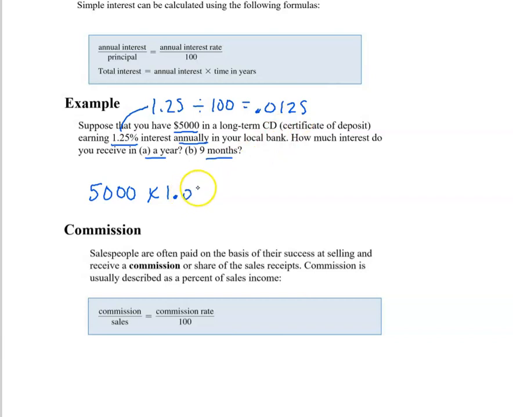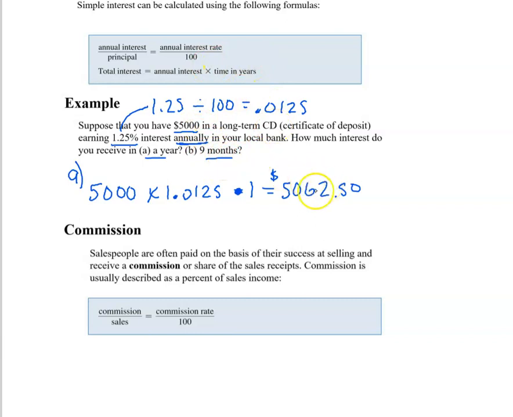And I'm going to add that part onto this. And we're going to multiply this by 1 because we're doing this for 1 year, and we get $5,062.50.